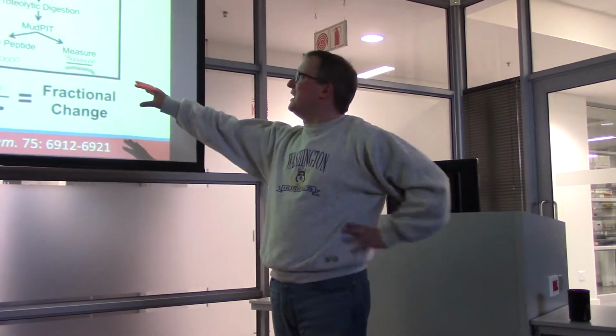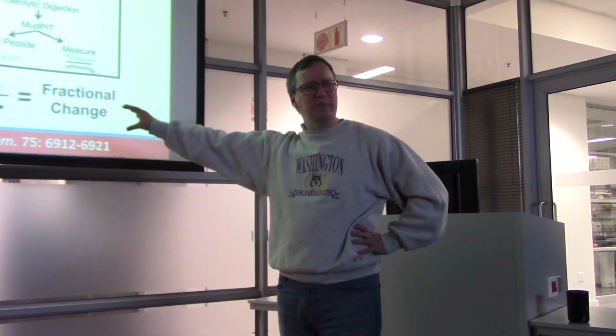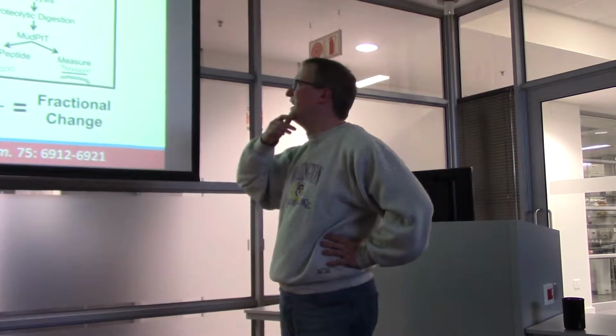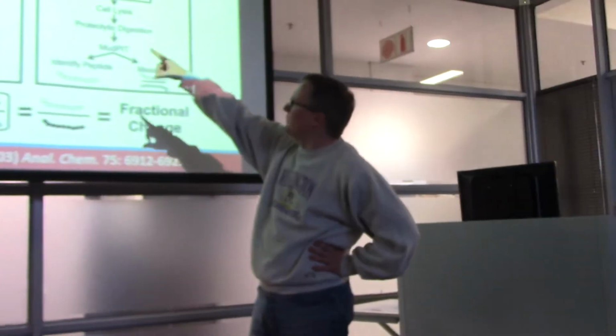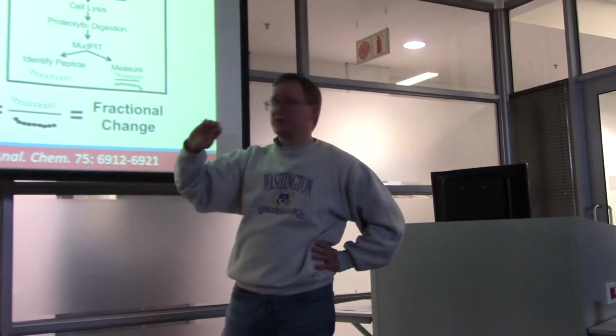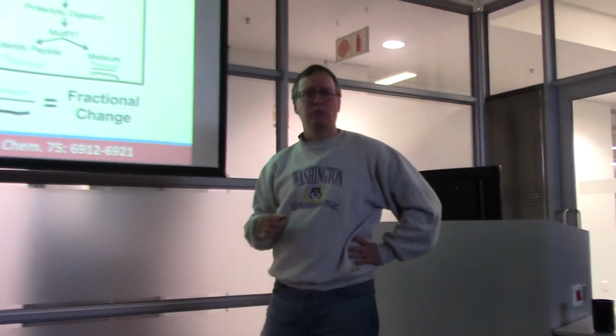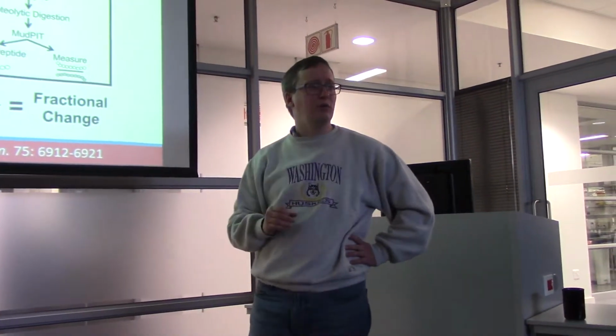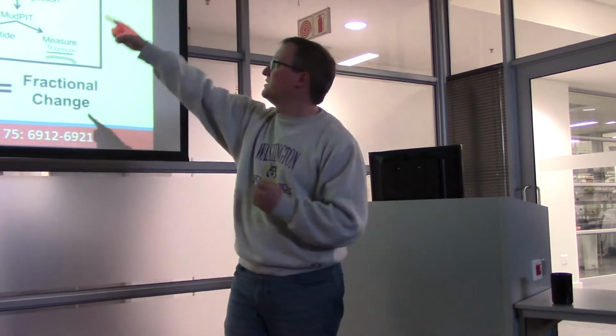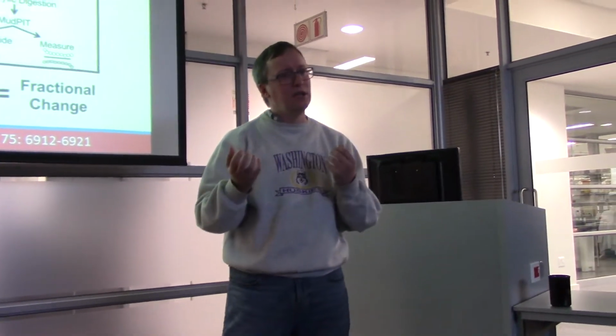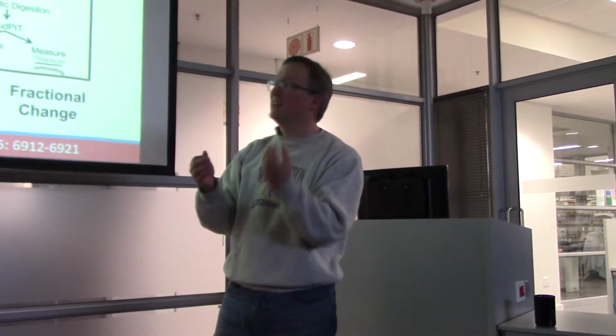So how do you translate this labeling approach into useful data? I want you to imagine that we have a cell line model in this case. So we have labeled with N15 enriched media. So one of our bugs in this comparison on the left is heavy, and the other one, the experimental one, is light.